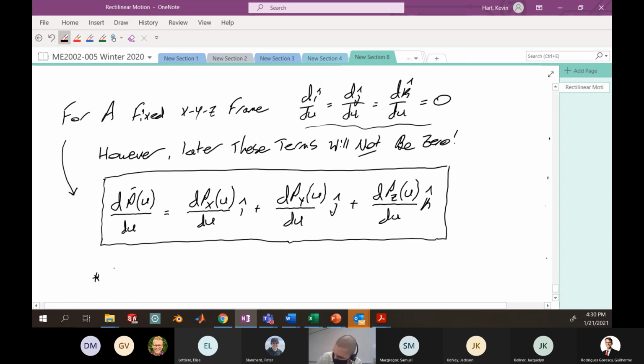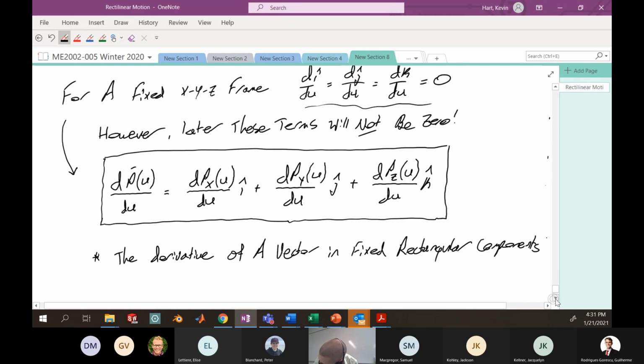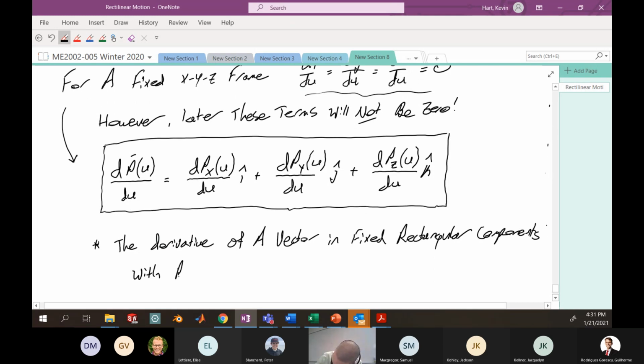It's a little bit complicated, but the derivative of a vector in fixed rectangular components with respect to a scalar variable. Okay, so here that scalar variable is u. Could be temperature, could be time, could be something else.